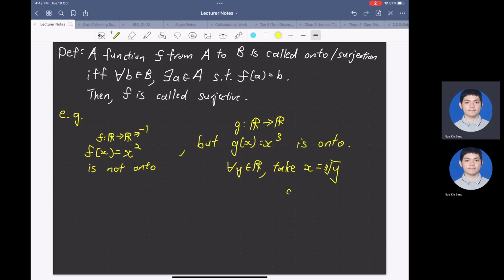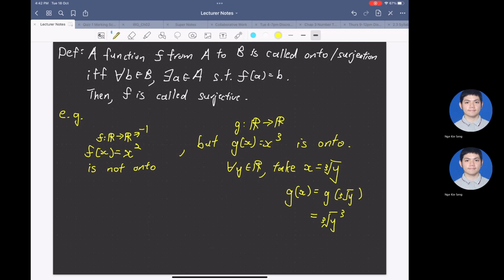Then you will get x sent to y. So for every element in your codomain, you can find a pre-image, and this is onto the codomain. Any question or not? No? Any question?